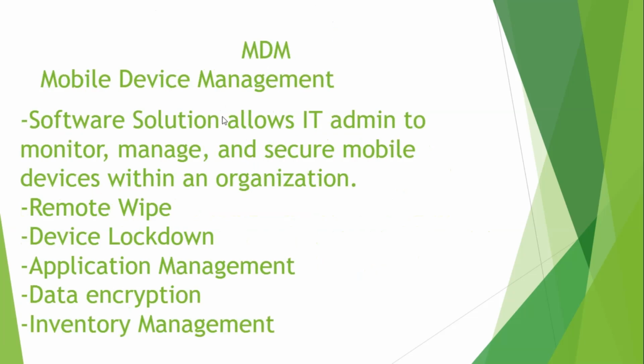So once again, we're back onto the presentation for what would be 1.4, which is CompTIA A+ course objectives. And this is something that you should definitely know as an IT professional, especially if your company is giving out devices such as maybe laptops or cell phones.